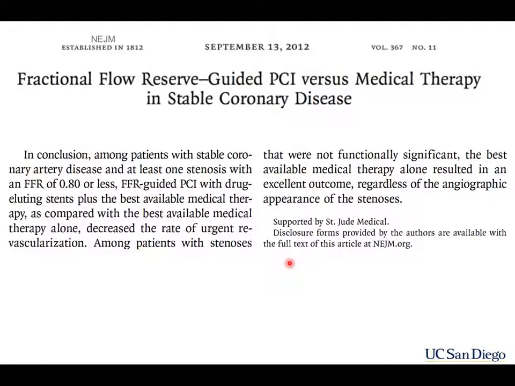Right? Did the patient die earlier in the group in which you did not put stents in, when you just did optimal drug therapy, versus the group that got the stents? They did this huge trial, and it turned out it didn't seem to matter for survival, right? Which was a big bombshell at the time.